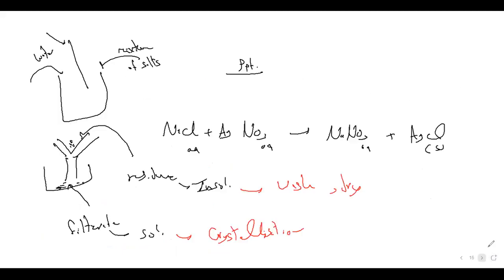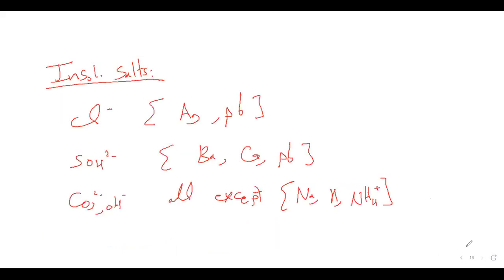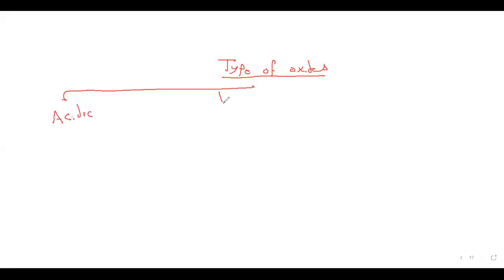After that, types of oxides: acidic, basic, amphoteric, and neutral. What is the difference between them?